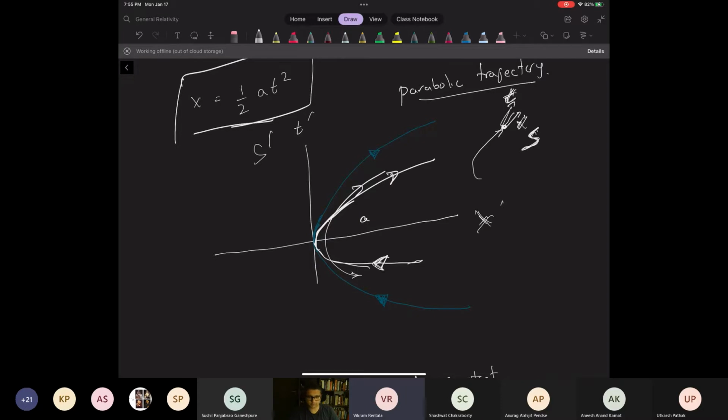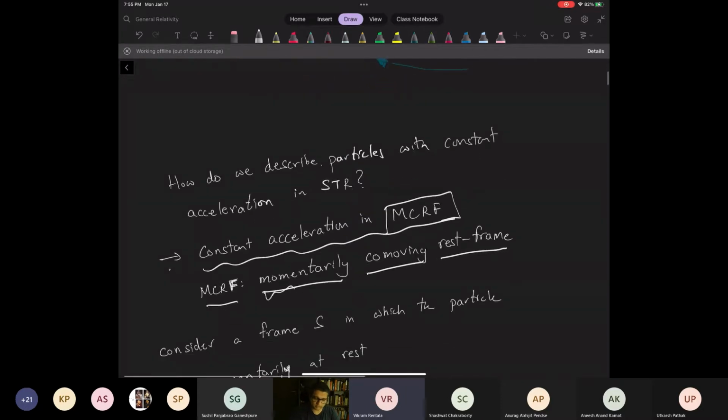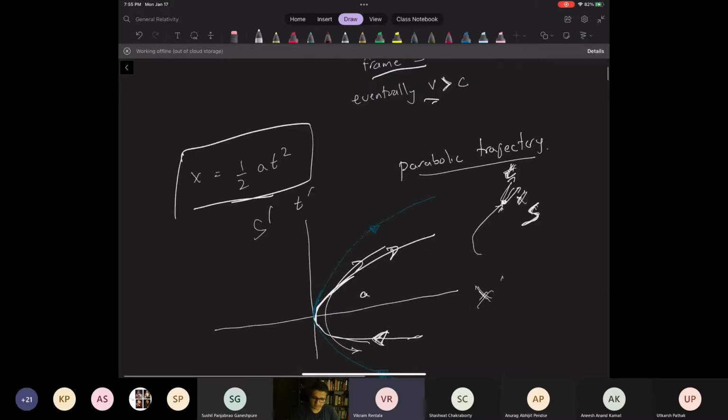That is what we mean by a momentarily co-moving rest frame.